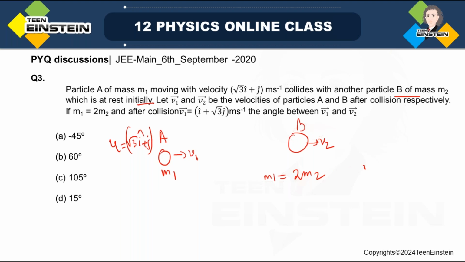So m2 is equal to m, so m1 is equal to 2m. So I'm just taking that after collision, v1 is given here.